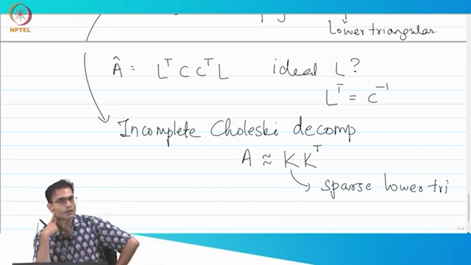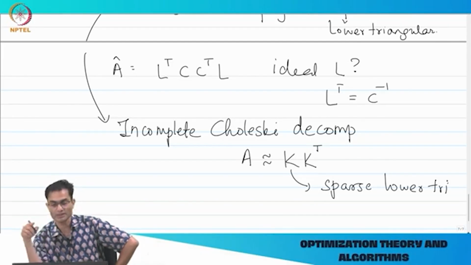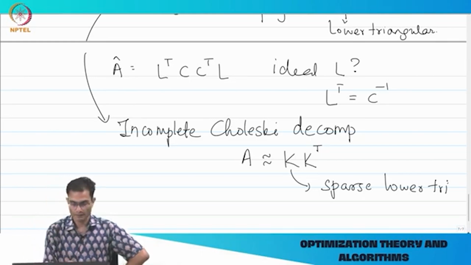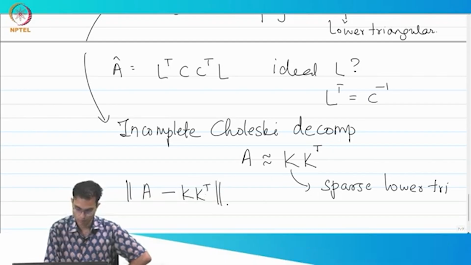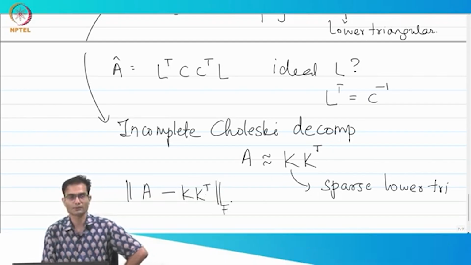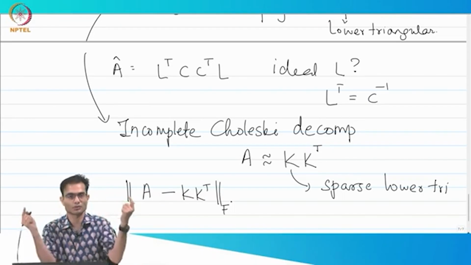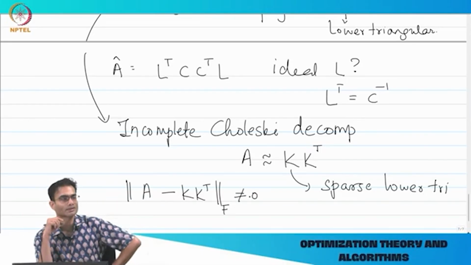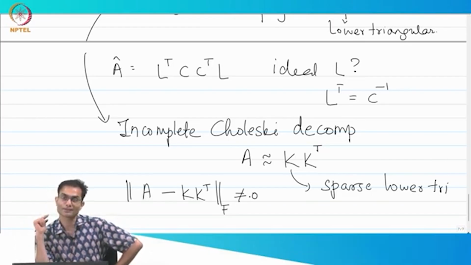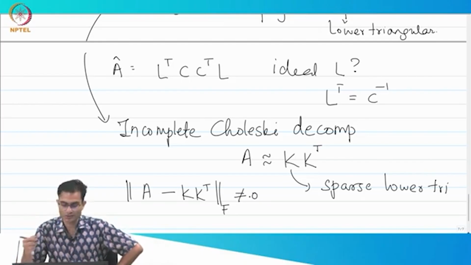So it does not agree with C completely. That means if I calculate, for example, the Frobenius norm of the difference, which means entry-wise take the root mean square, what will I get? I will not get 0. So it is not exact, that is why it is called the incomplete Cholesky decomposition. So it is cheap to compute, and that is why it is used in this way.